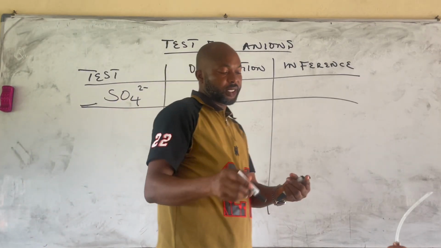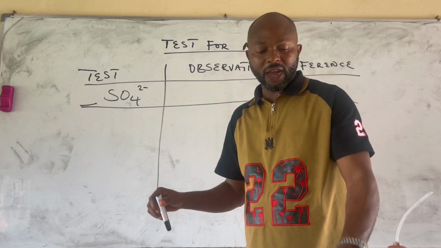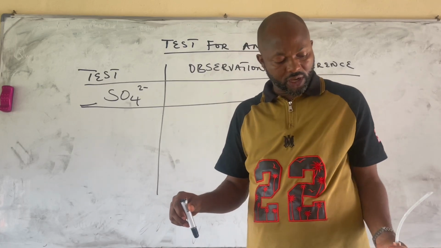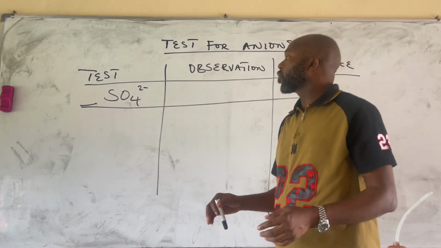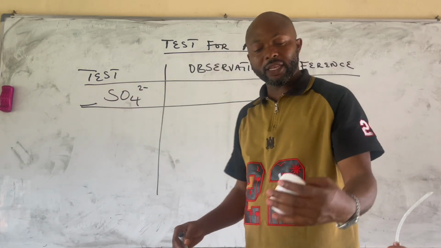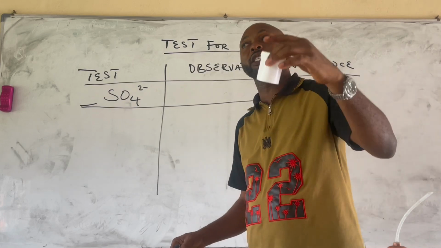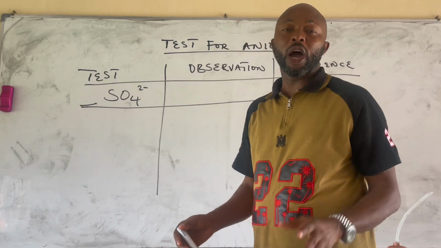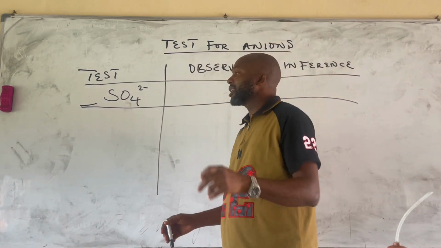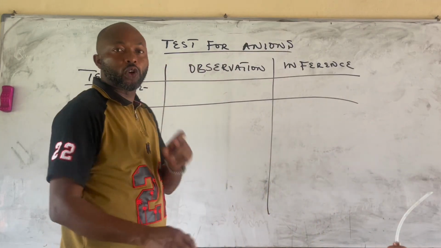Our first test will be the test for the sulfate ion, SO4. How do we test for this? A sample will be given to you which you don't know. It will be labeled sample whatever it is. You will be asked: sample A plus barium chloride.